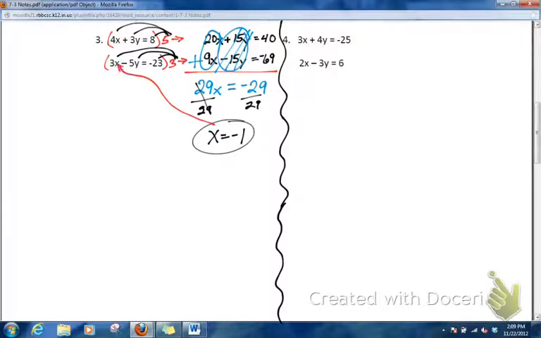I'm going to use the bottom one again. So I'm going to say 3 times negative 1 minus 5y equals negative 23. 3 times negative 1 is negative 3. Add 3 to both sides.